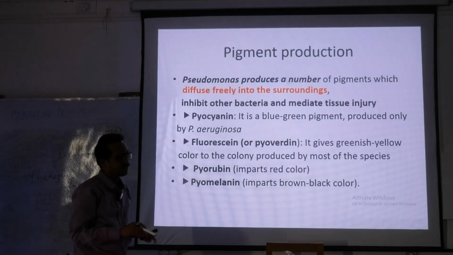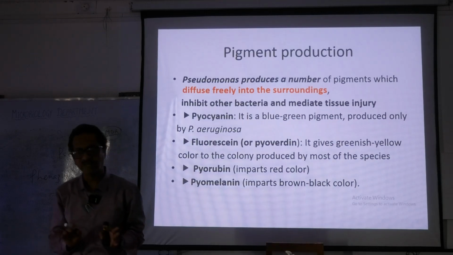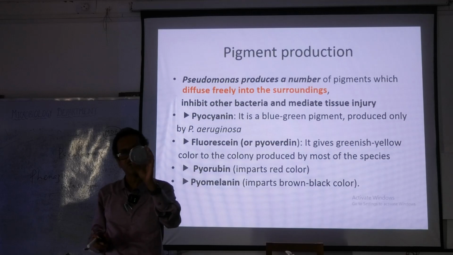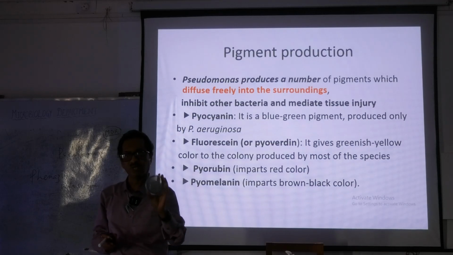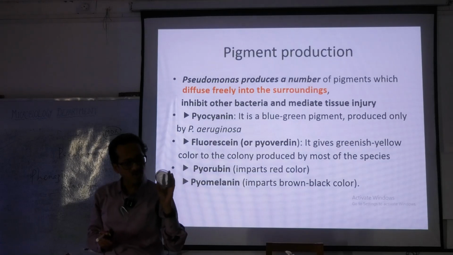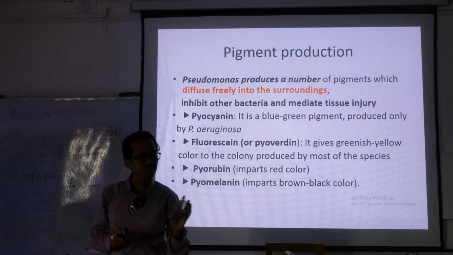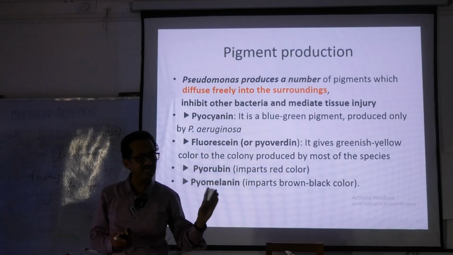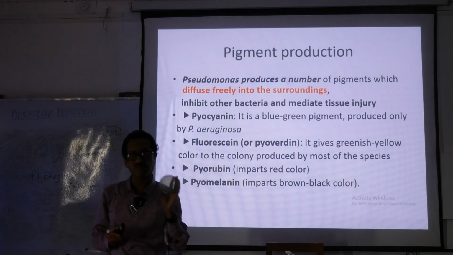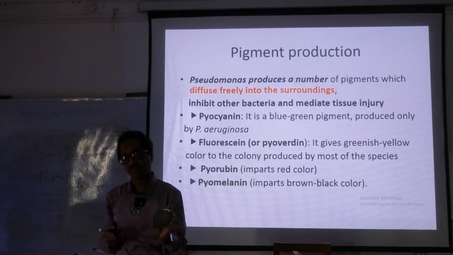Pigment production. You need to know pigment production because Pseudomonas aeruginosa, if it doesn't have this pigment, is not green. But if it is oxidase positive, will you call it Pseudomonas? Yes, you can call it Pseudomonas, but the species you have to identify by other biochemical tests. It is not Pseudomonas aeruginosa. Pseudomonas aeruginosa must have pyocyanin pigment.